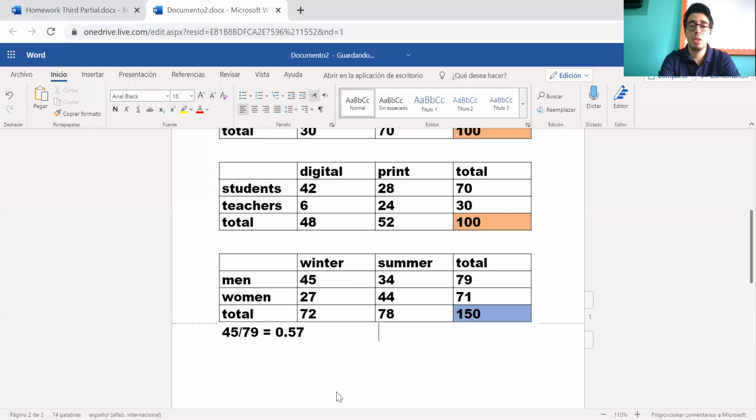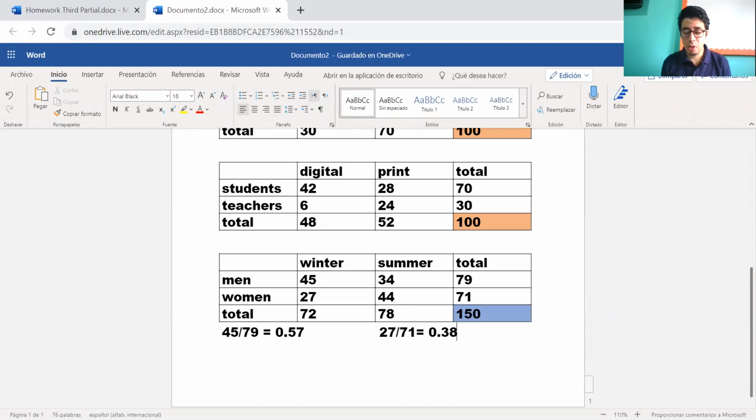And for the women, I can do the same: 27 women divided by the total number of women, which is 71, and we obtain 0.38. So the statement is true because 45 of 79 men watch the Winter Olympic Games, which is a greater ratio than 27 of 71.